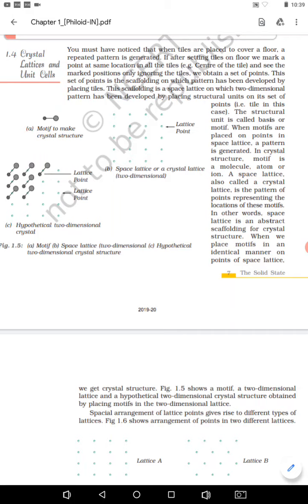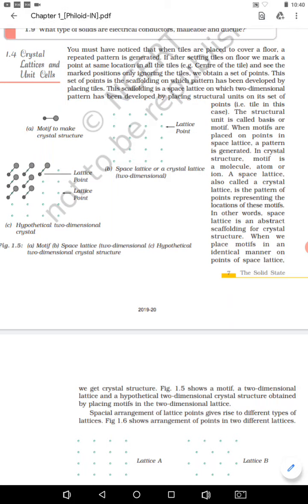In the previous lecture we came across a term which was known as crystal, and as we know, a crystal is formed by the regular repeating three-dimensional arrangement of its constituent particles.